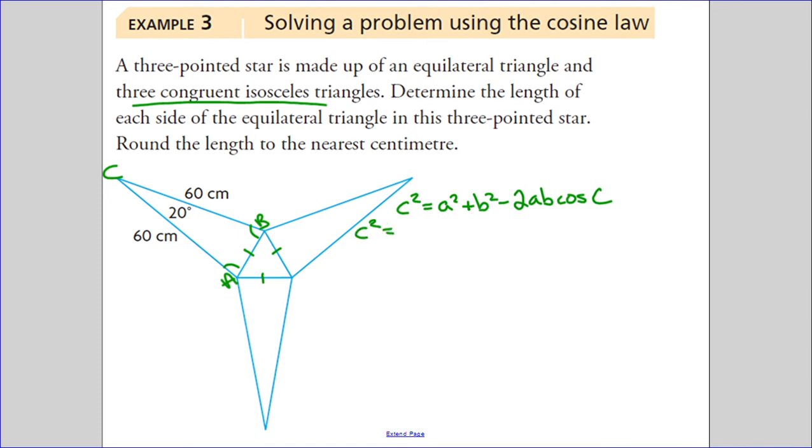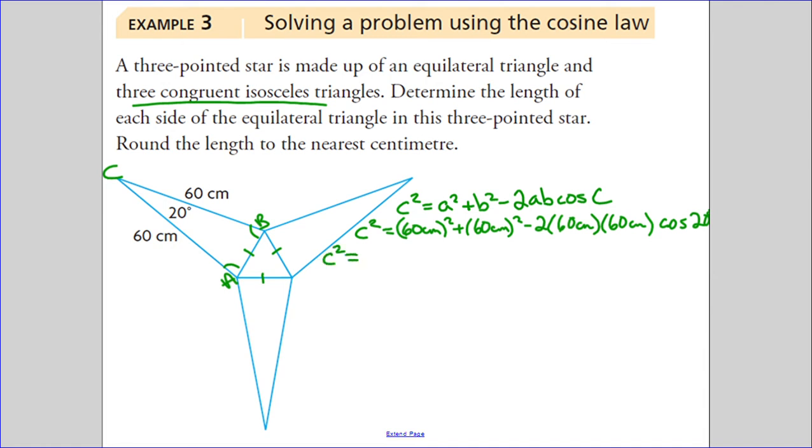So 60 centimeters squared plus 60 centimeters squared minus 2, and then 60 centimeters times 60 centimeters times the cosine of 20 degrees.